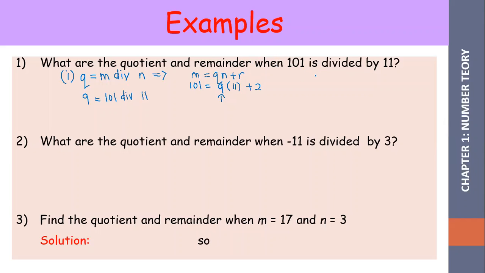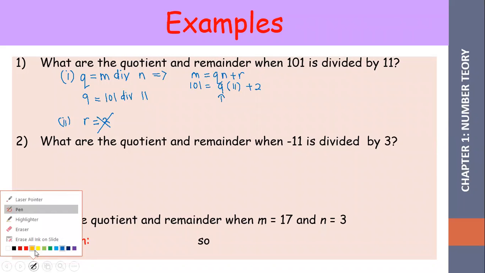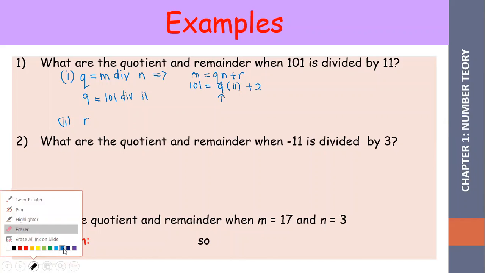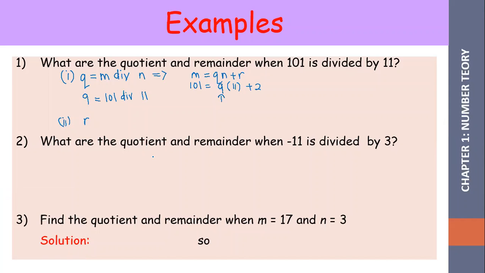Okay, how about the remainder? We don't want just the remainder is equal to 2. We don't want this one. This is not a common calculation. In this subject, you have to give the answer: the remainder is equal to 101 mod 11.